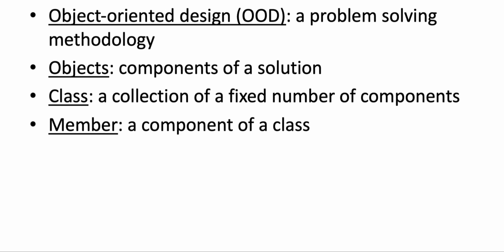This and subsequent videos develop and implement programs using object-oriented design. This video first explains how to define a class and use it in a program. A class is a collection of a fixed number of components. The components of a class are called the members of the class.